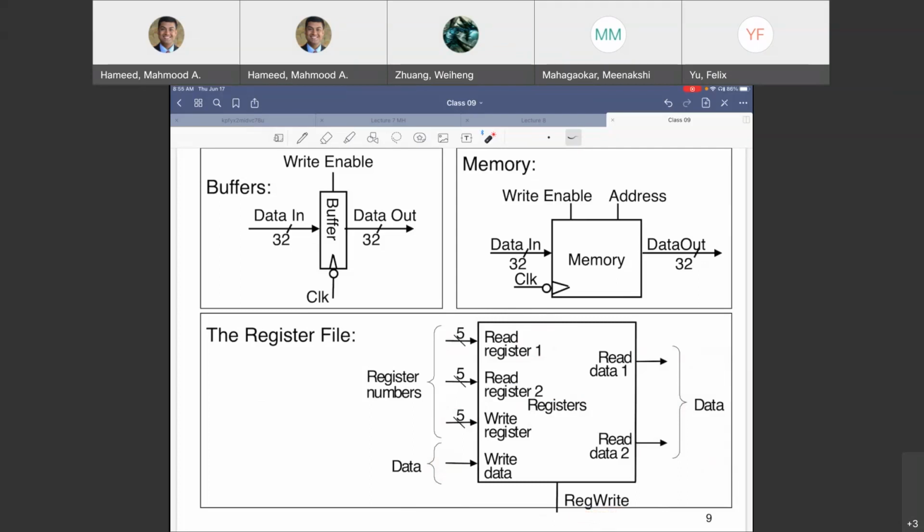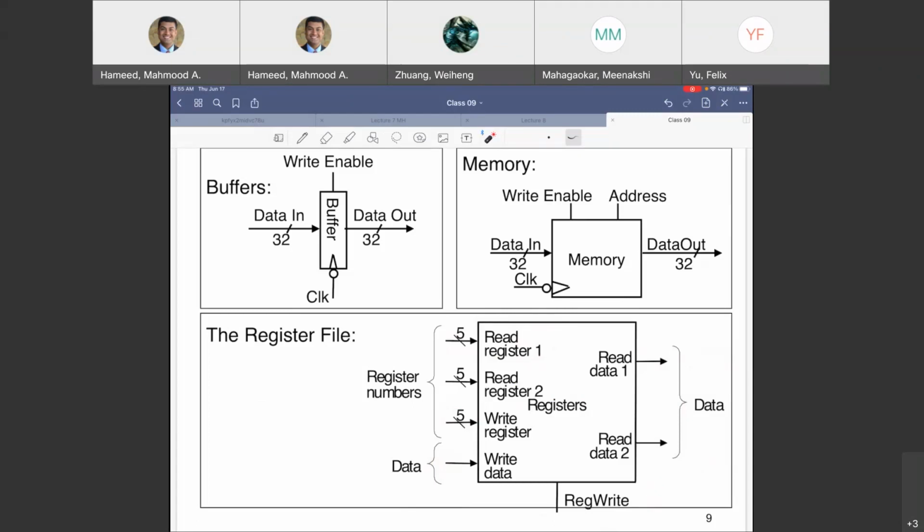For what type of instructions will register write be 0? Here, multiple choice, multiple answer, right? Question is, what type of instructions is register write going to be 0 for? R, I, J. Good. J? J, okay, what about I?